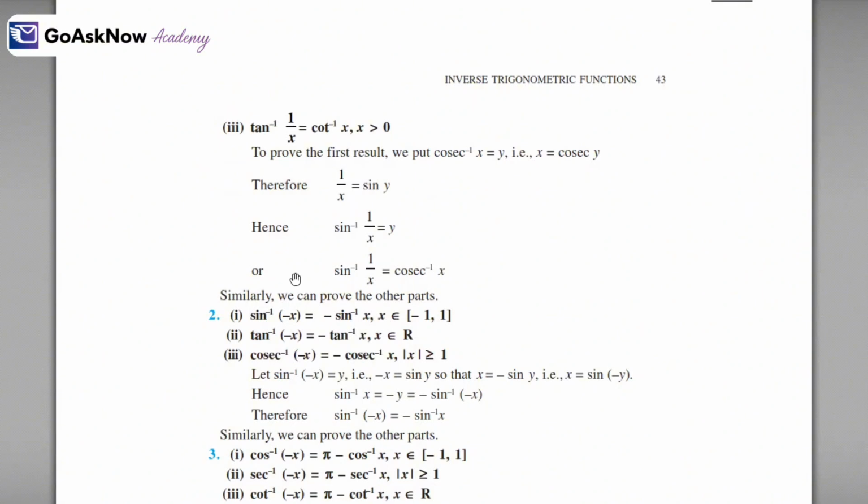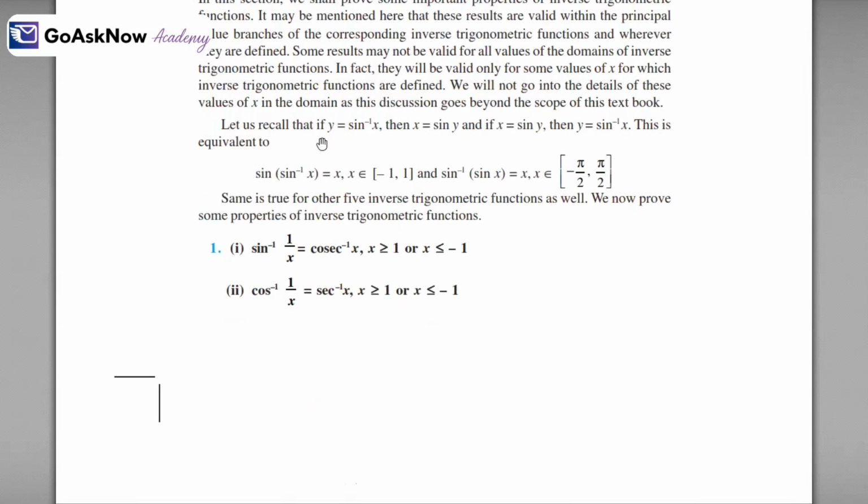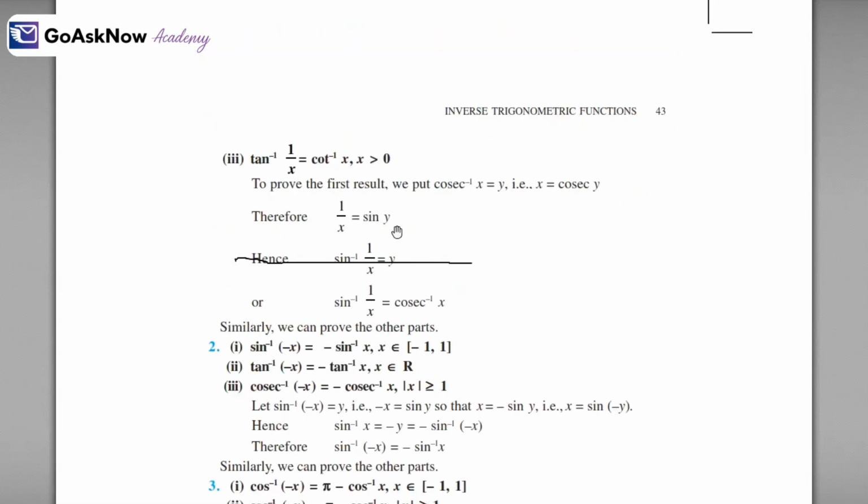So here we can see that for the first property, just observe this formula. We will start the result from the assumption that cosec inverse x is equal to y. So x is equal to cosec y is the relation I am getting from here.